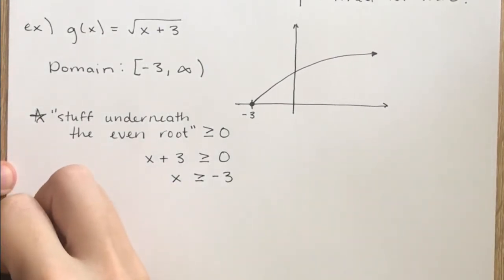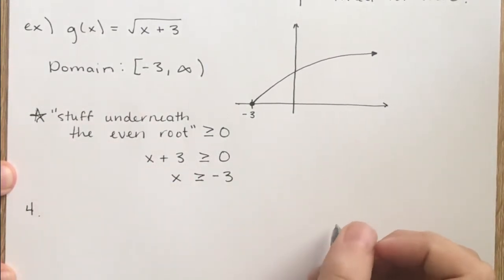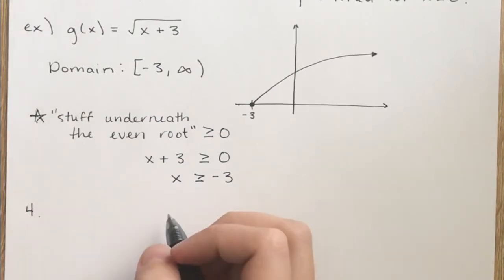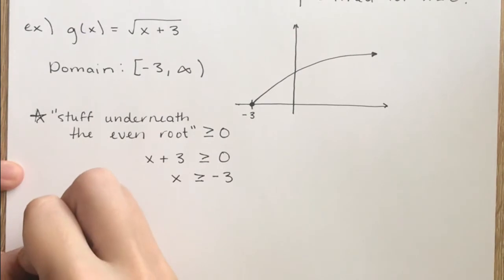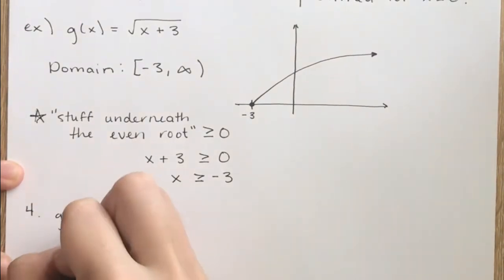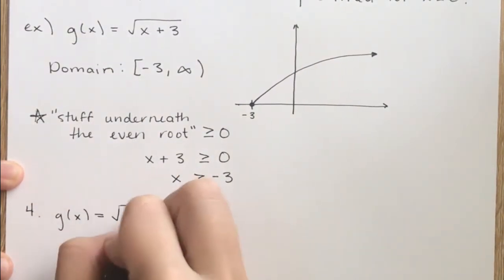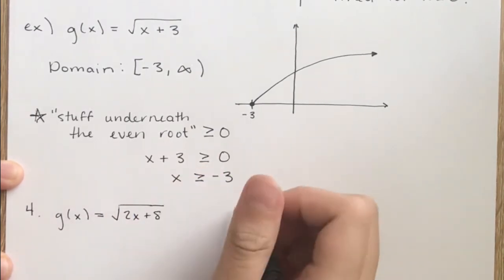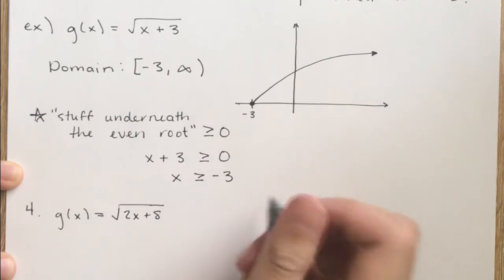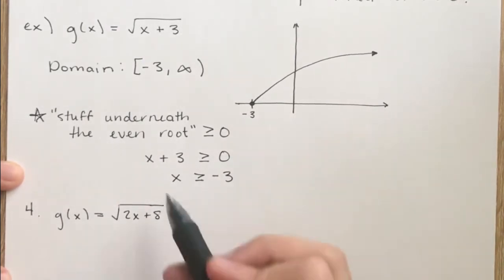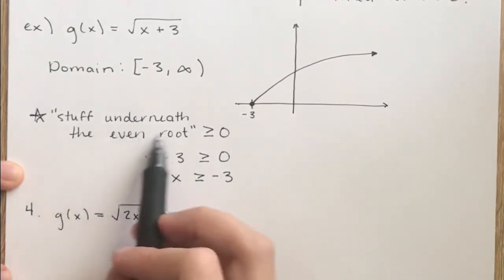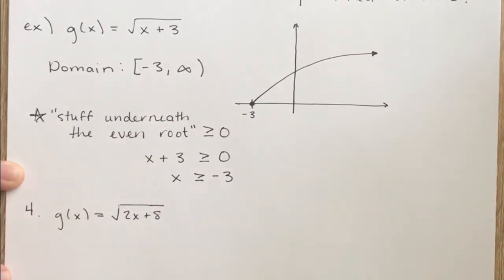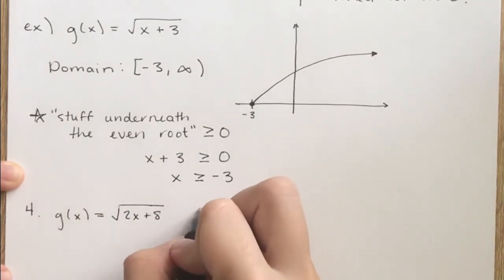So this is again in your lab manual in the domain of a function lesson. So number 4, we have g of x equals the square root of 2x plus 8. Okay, so what do we want to do here? We said we want to take the stuff underneath the even root and set it greater than or equal to 0.